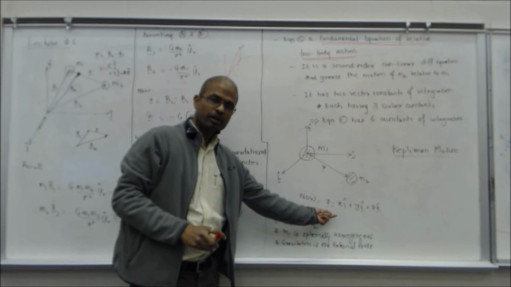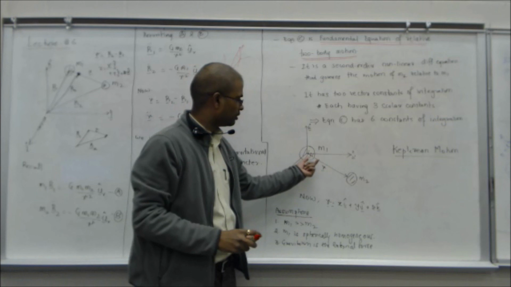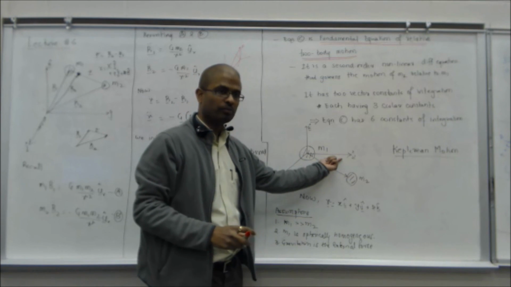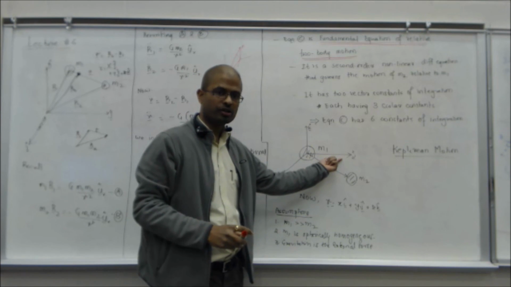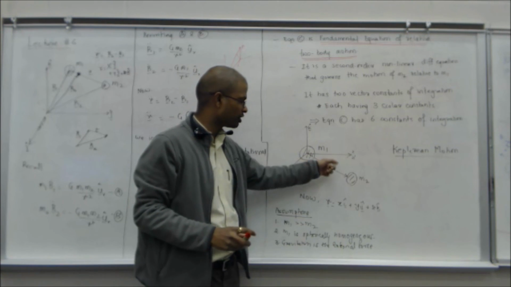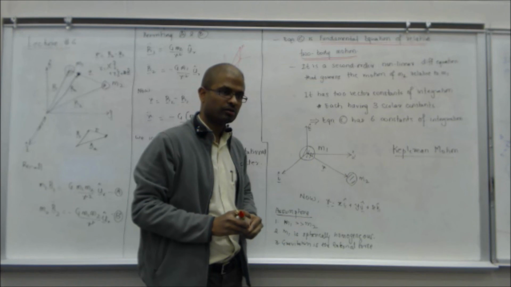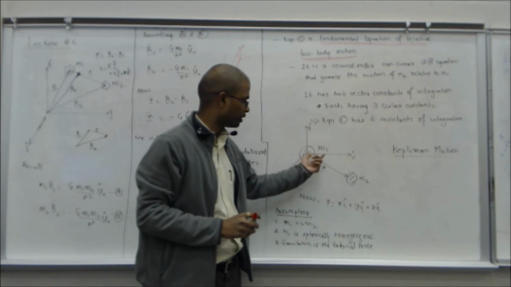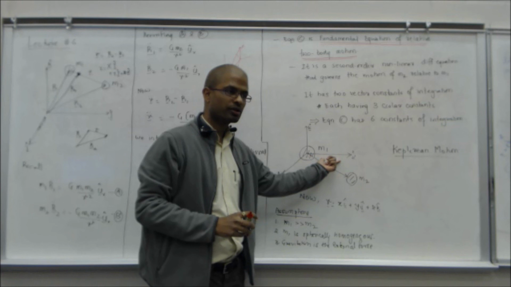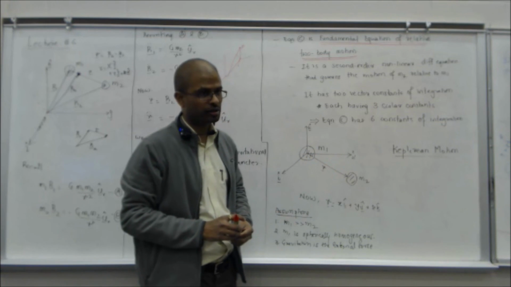If you are asked to develop a relationship for an inertial frame or a non-inertial frame, this frame ijk, the small ijk, could be an inertial frame. When we talk about an inertial frame, we talk about an Earth-centered inertial frame. And this could be a non-inertial frame, which means it could be Earth-centered fixed.